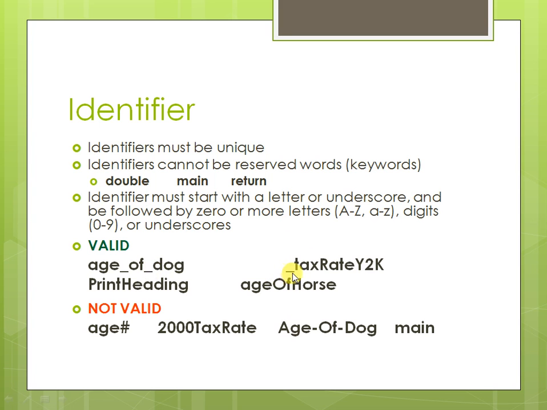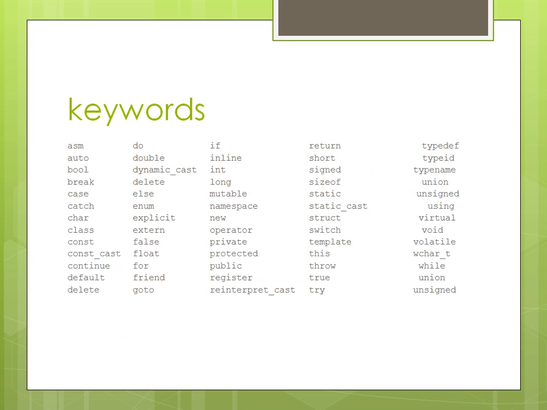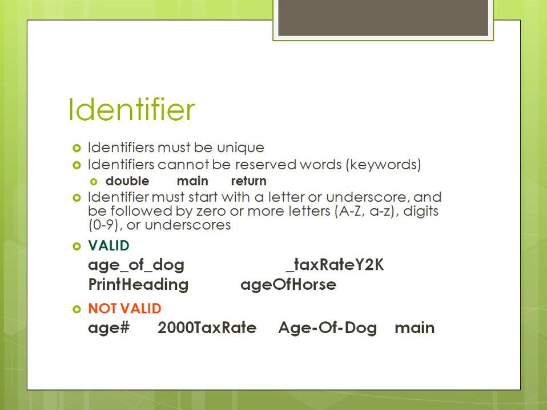You can start your variable name with an underscore. You can also start with a capital letter, that is valid, but you cannot start with a number. If you write a number at the start, it is not a valid identifier. It must be unique, and it cannot be any of the reserved keywords. So these are all the reserved keywords, and you cannot use any of them as an identifier or variable name.